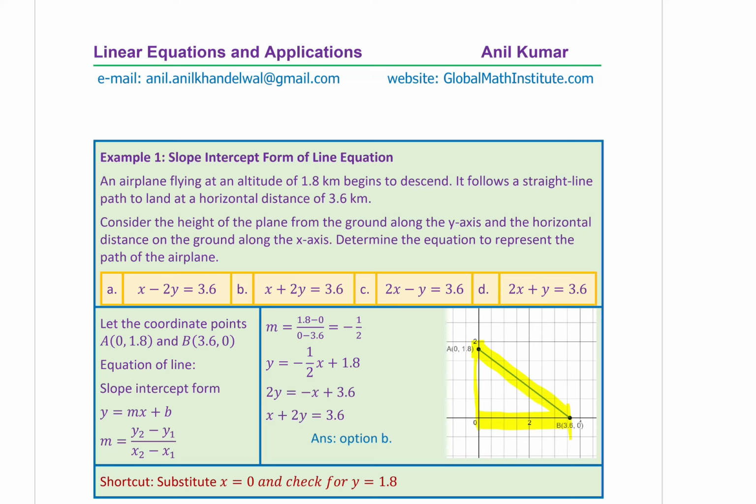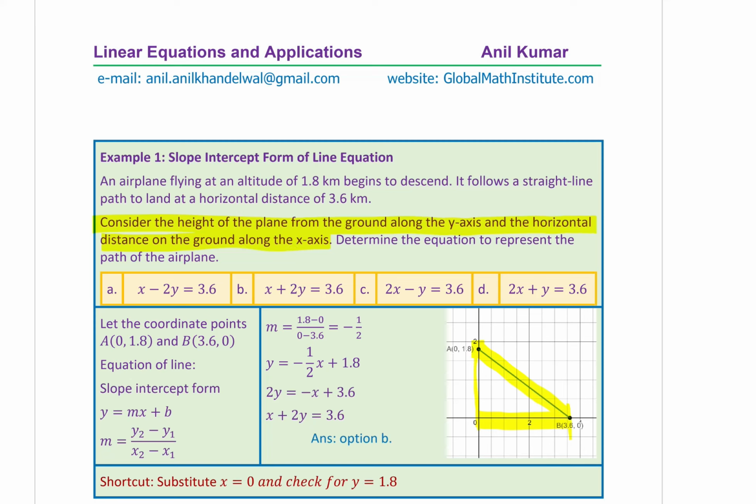Now, based on this, we have a question: consider the height of the plane from the ground along the y-axis and the horizontal distance on the ground along the x-axis. Even if I don't write this, this is what you should be considering while solving such questions. Now, the question is to determine the equation to represent the path of the airplane.